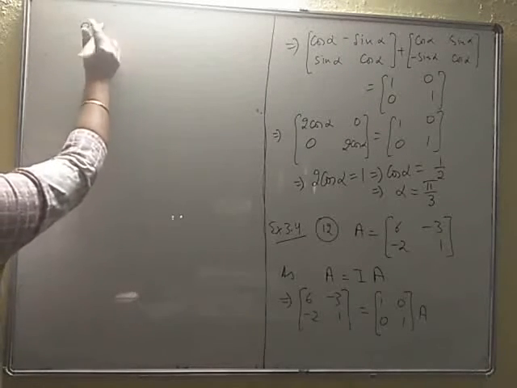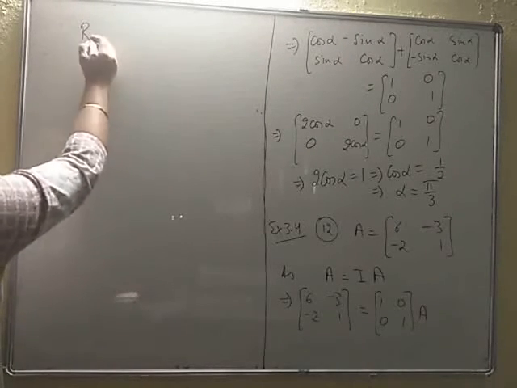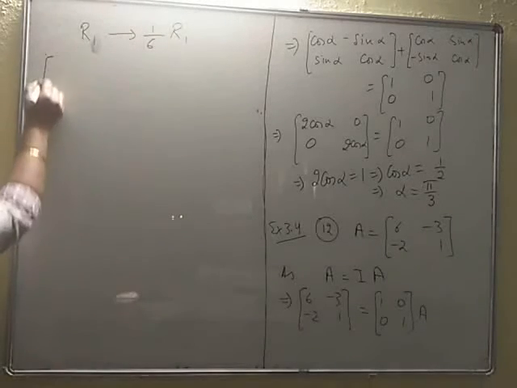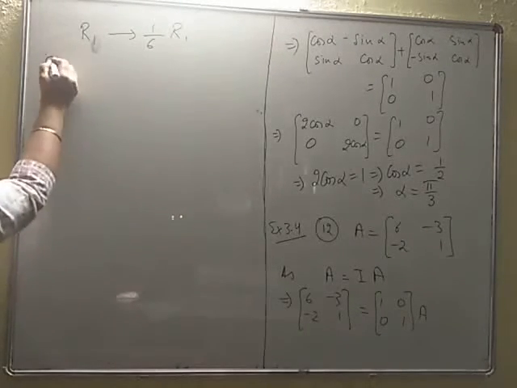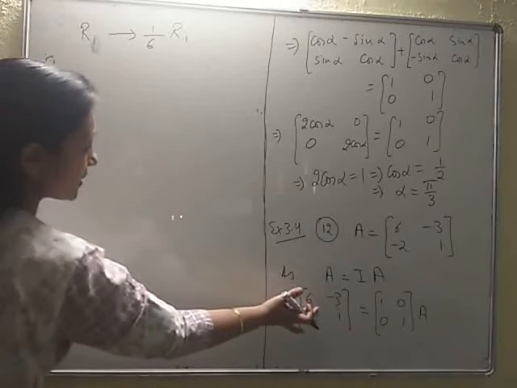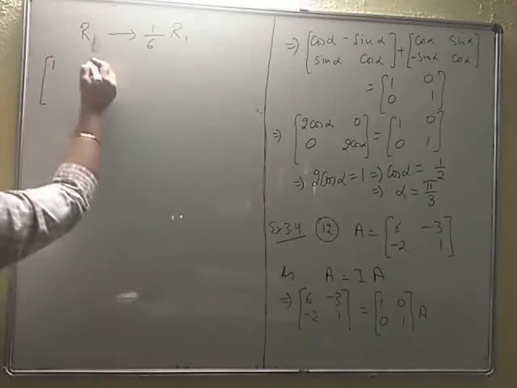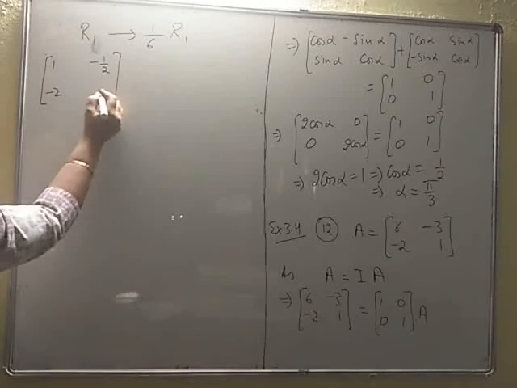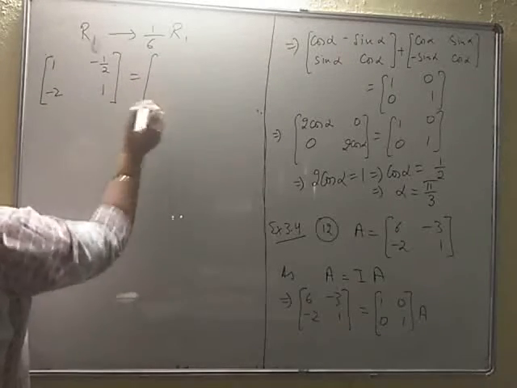So if I write R1 as 1 by 6 times R1, then the matrix on the left hand side reduces to, this becomes 6 by 6, this will become minus 3 by 6, which is minus 1 by 2. Second row will be as it is.